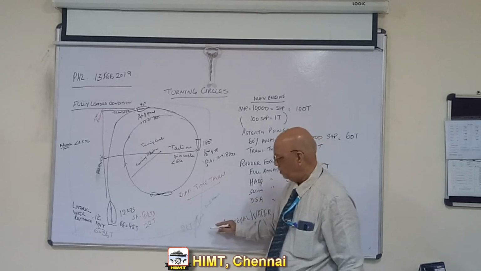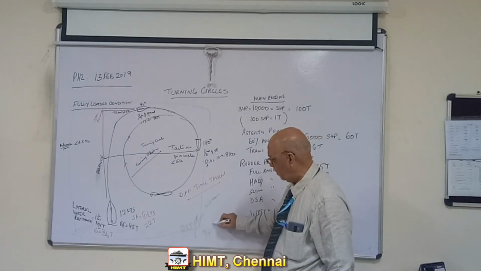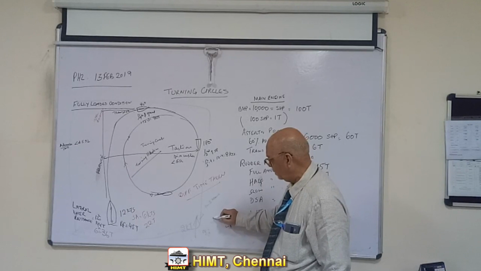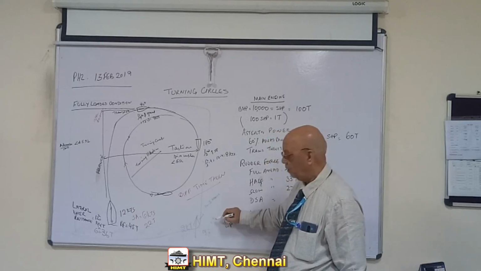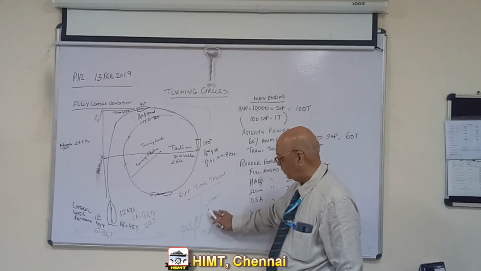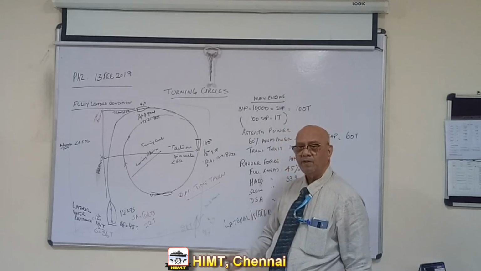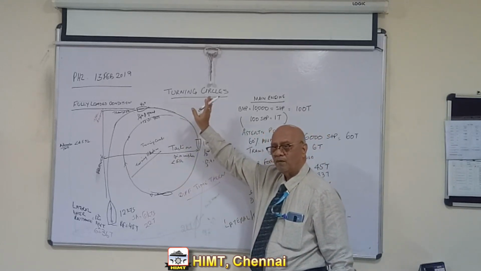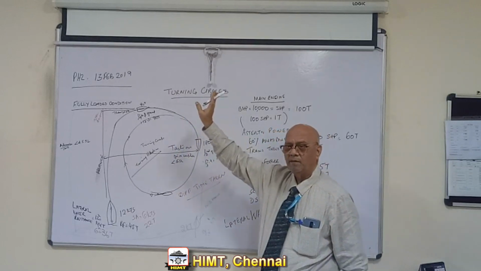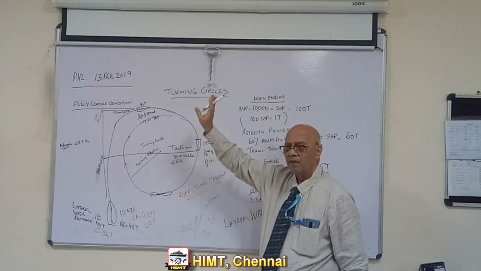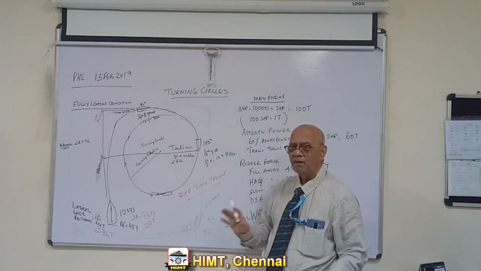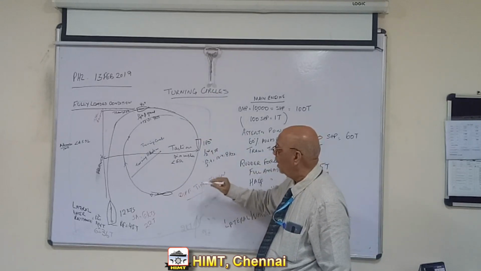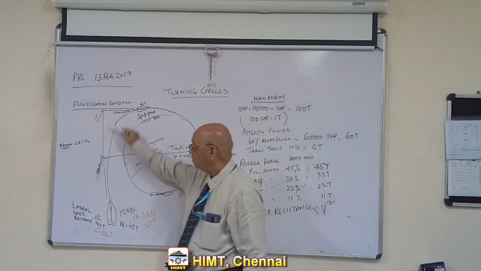Alright? So 2 by 1/12 will be about 0.17 miles, 1.7 cables will go down. So we move down south and you will have the advance.